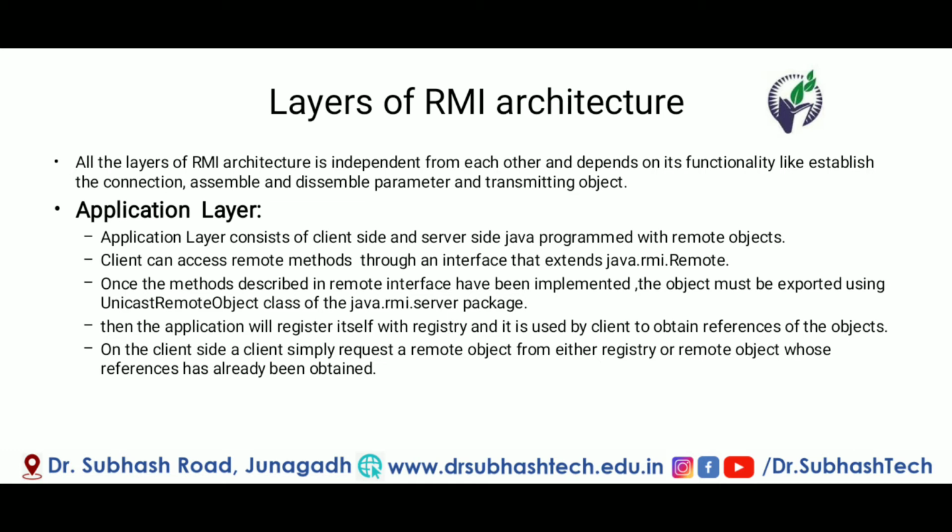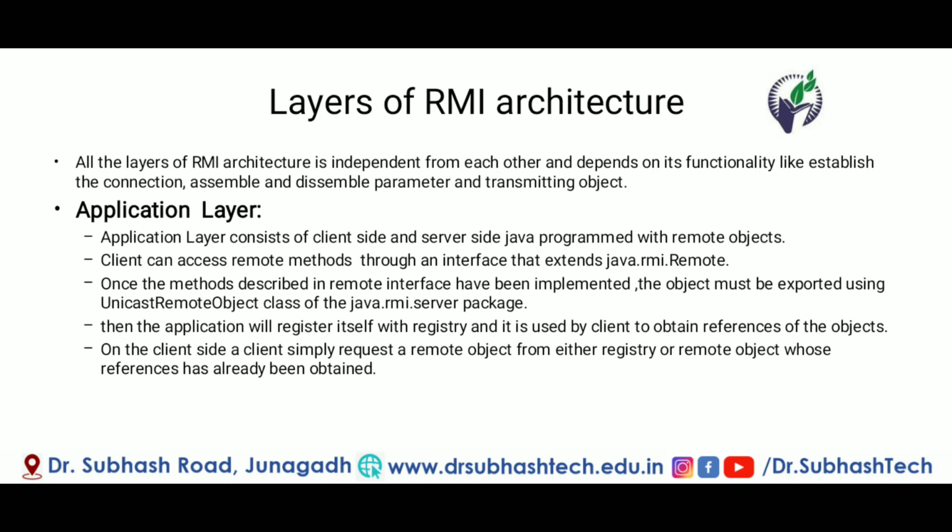While at the client side, you simply request a remote object from either the registry or a remote object whose reference has already been obtained. So when you want to call any method, you just have to call that remote object.